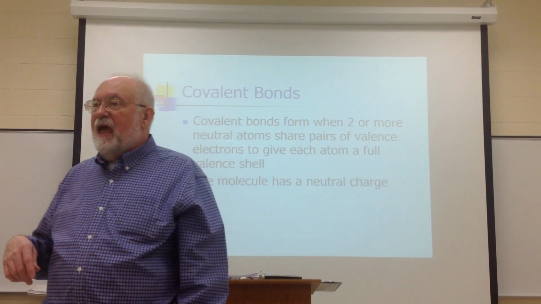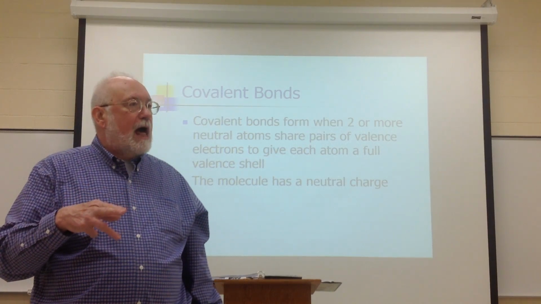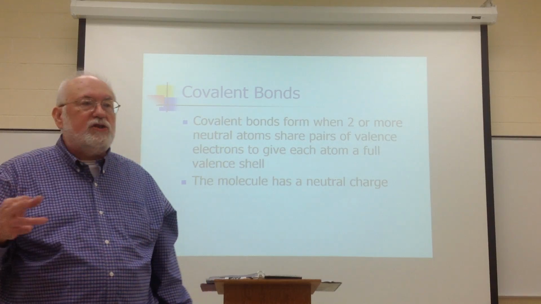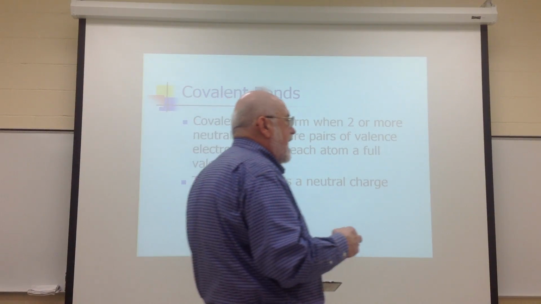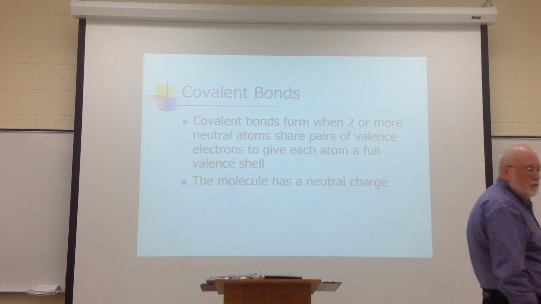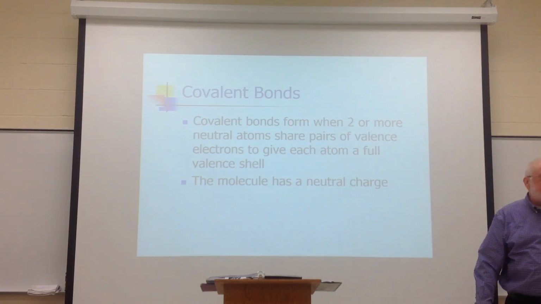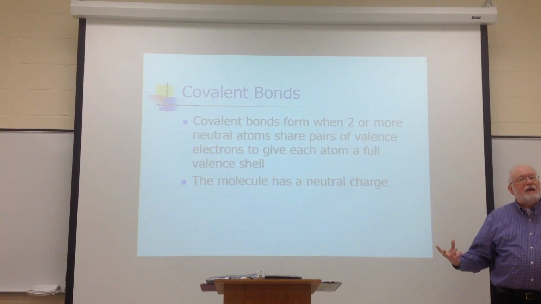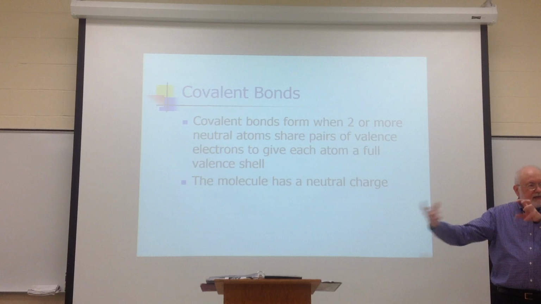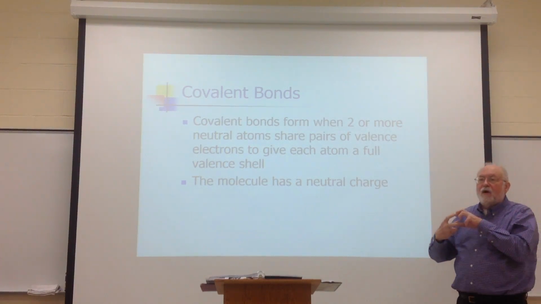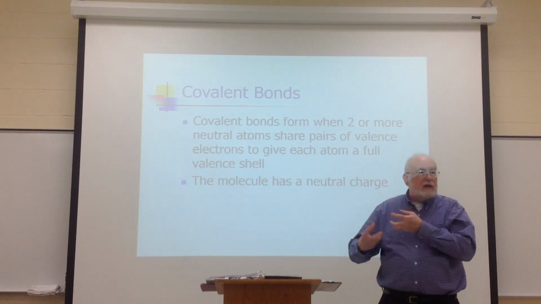And just like formula units, the overall charge on a molecule is 0. It's electrically neutral. Well, it's going to be easy to remember that, because remember, all we're doing here are taking neutral atoms and combining them together, and they form an electrically neutral molecule.